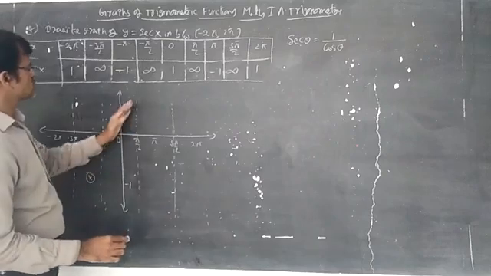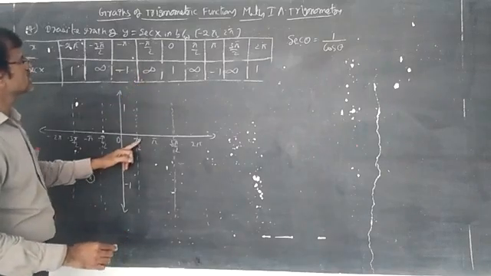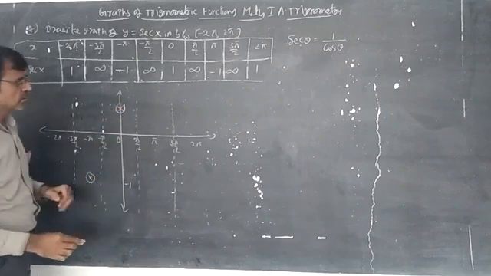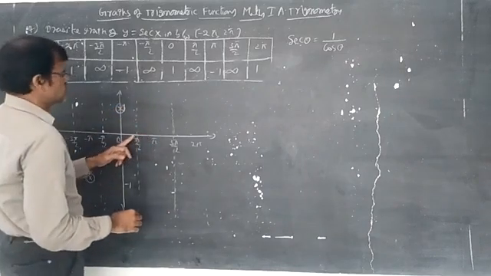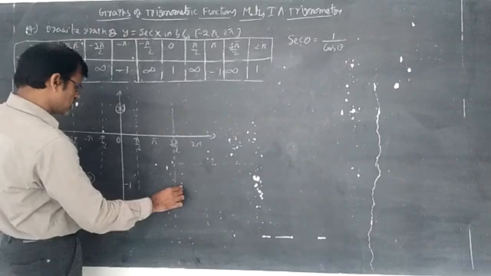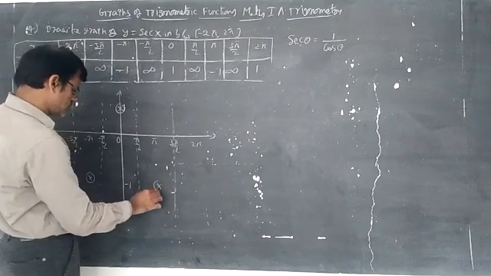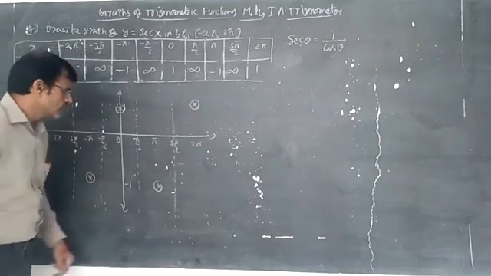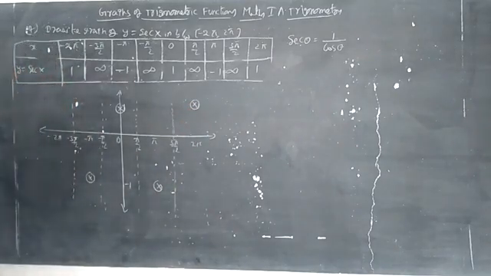And next one. Secant, for 0 it is 1. Put here the symbol. For pi it is once again minus 1. For 2 pi it is 1. You can understand this according to our domain concept.